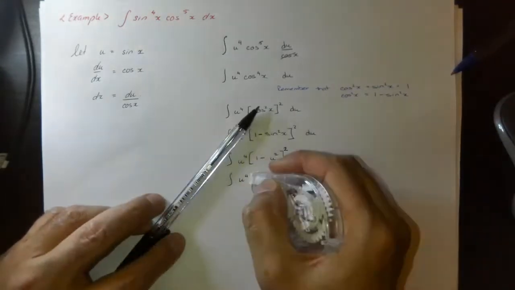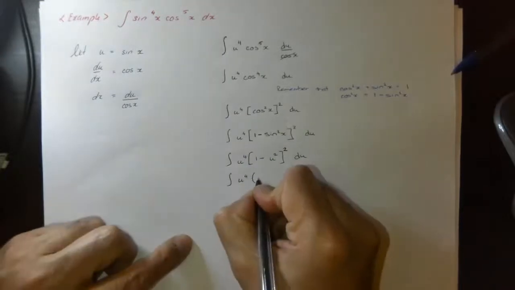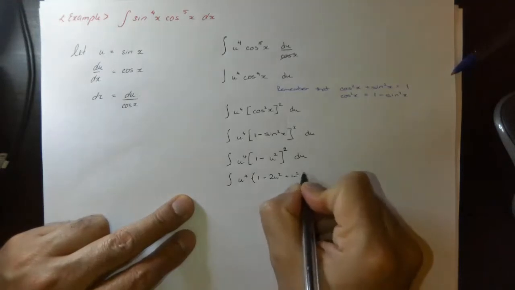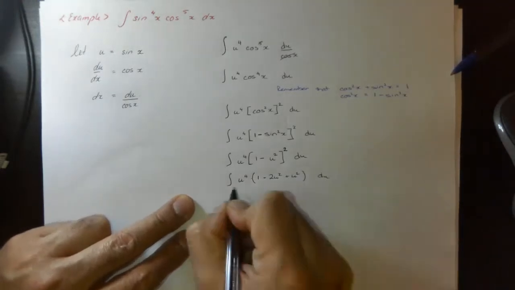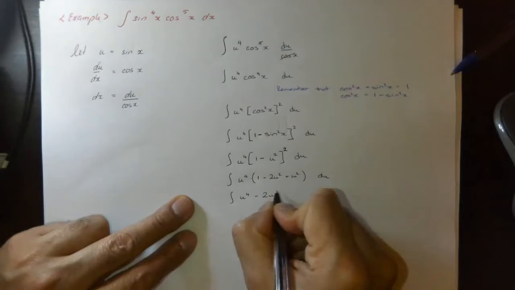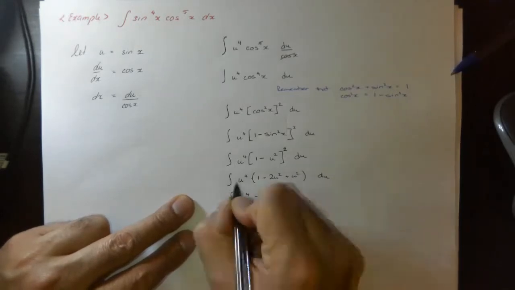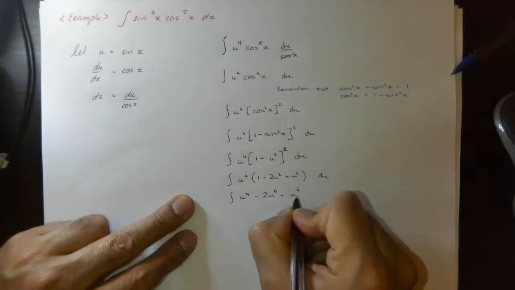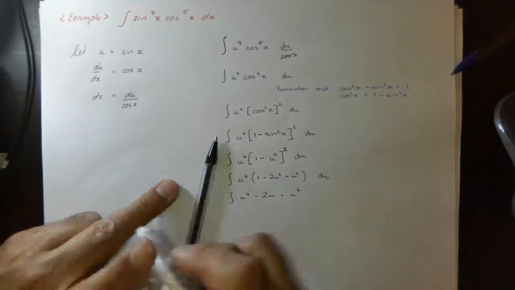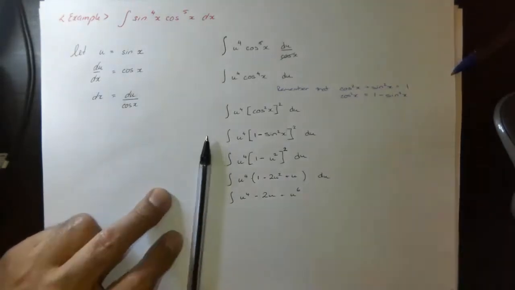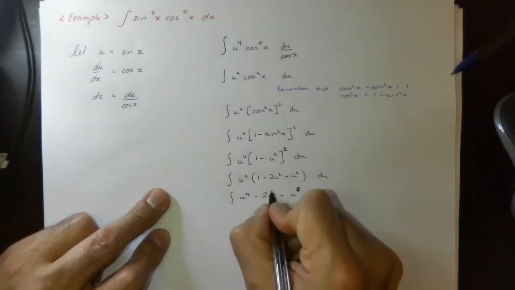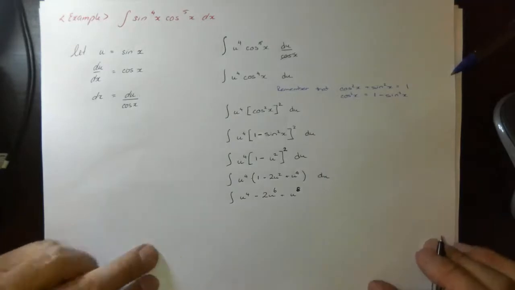So that's 1 minus 2u squared plus u to the power 4. Expanding that out, you would get u to the power 4 minus 2u to the power of 6 plus u to the power of 8.